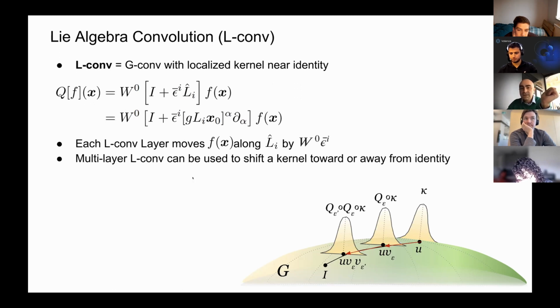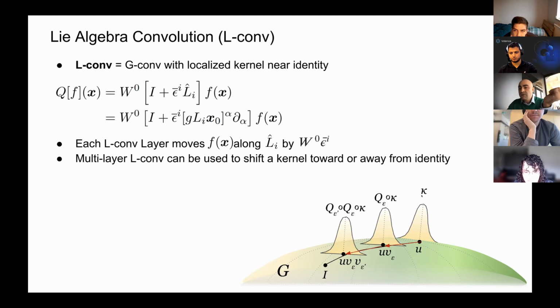Because technically every layer is doing a small group transformation, and if it's acting on an existing layer, this becomes a transformation on the location of the kernel in the previous layer. So it just moves the kernel a little bit away from identity.